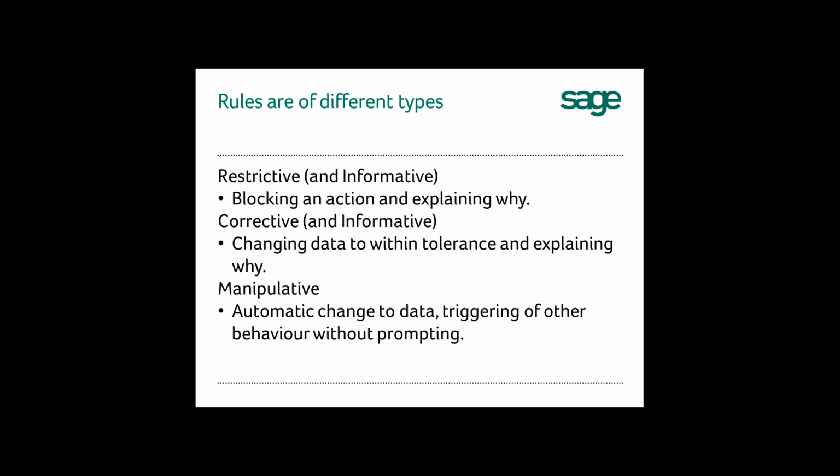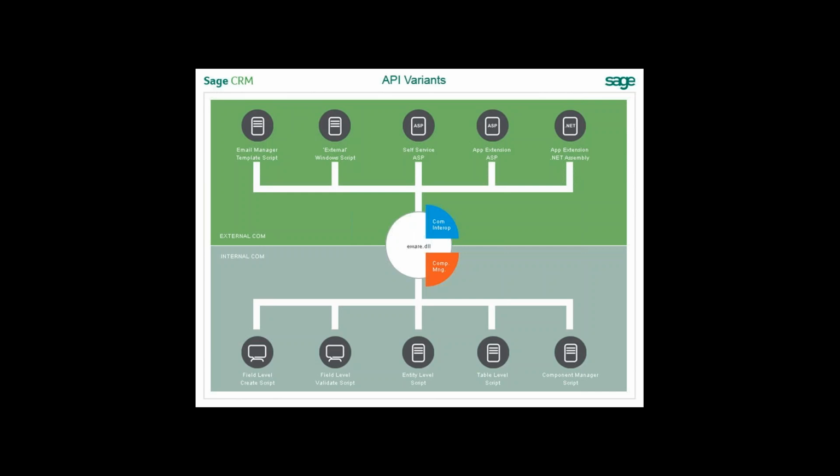So let's take that and start to explore how they're implemented within Sage CRM. Now, as a reminder, before we start doing coding in a particular area, let's just remind ourselves of what we had seen in the lesson yesterday.